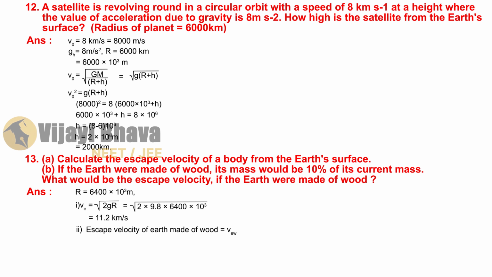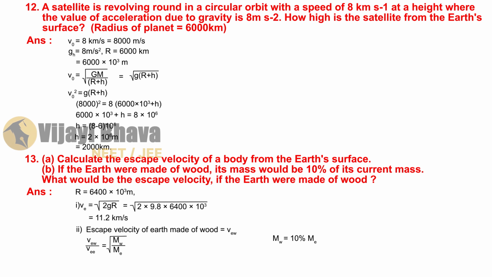When earth is assumed to be made up of wood, its mass MW will be 10% that of ME. Since escape velocity is proportional to the square root of mass, we can use the formula VEW by VEE is equal to square root of MW by ME.